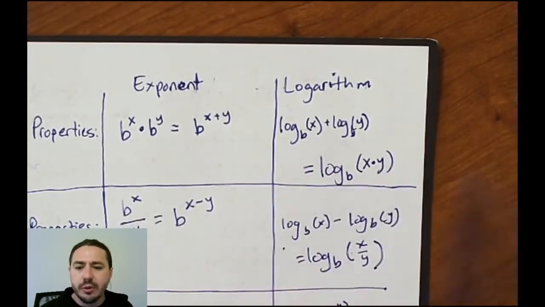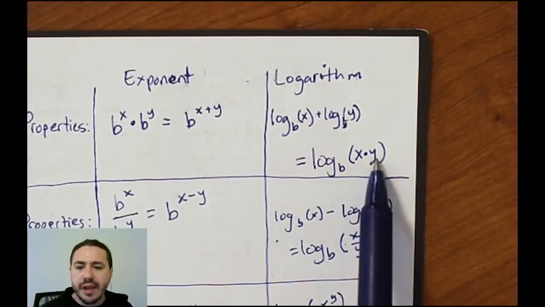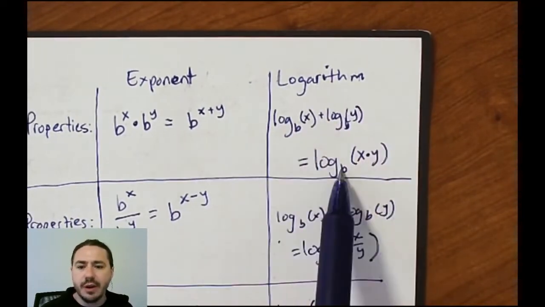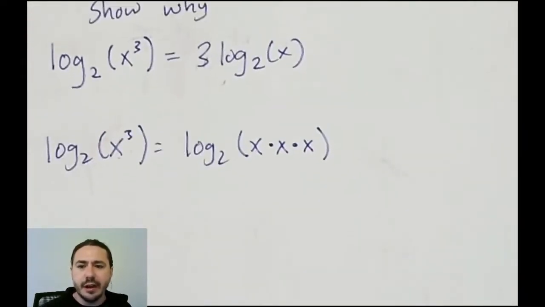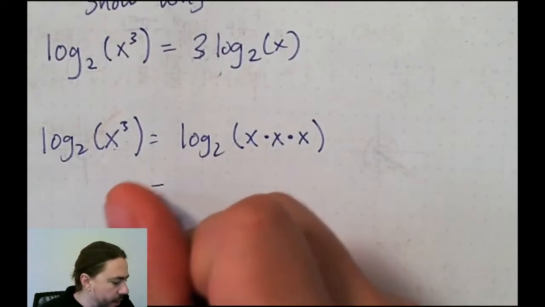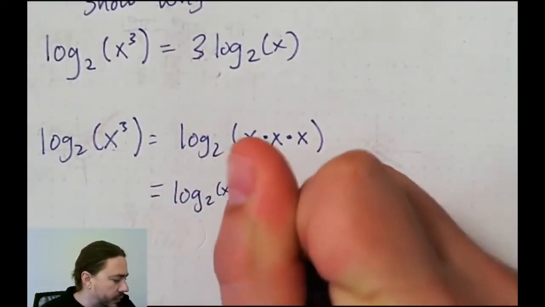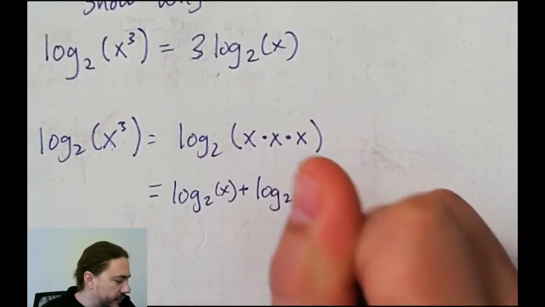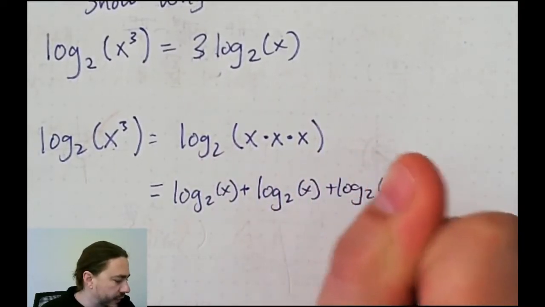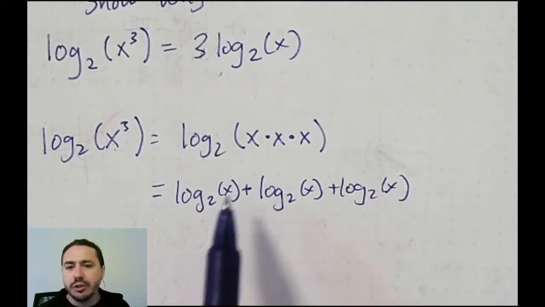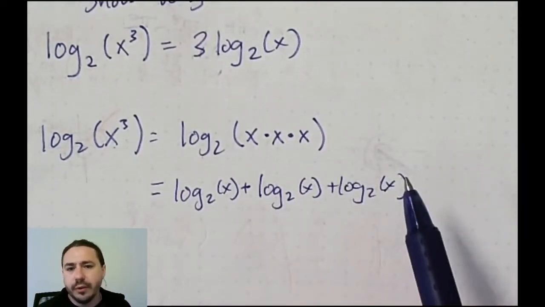If these two numbers are the same, that doesn't affect the validity of this property. So if I'm multiplying 3 different x's in there, I can rewrite that using the product property as log base 2 of x plus log base 2 of x plus log base 2 of x. So I've got 3 of them, and whenever you are doing this repeated addition, that's what we call multiplication, right?